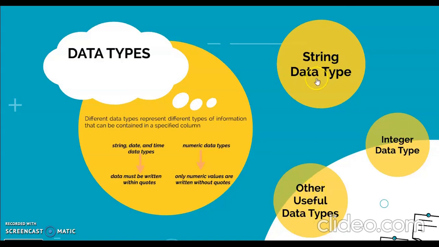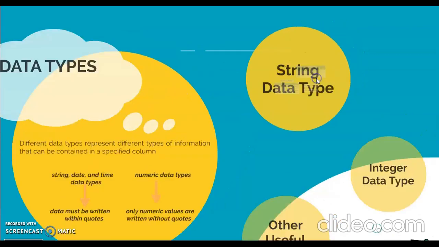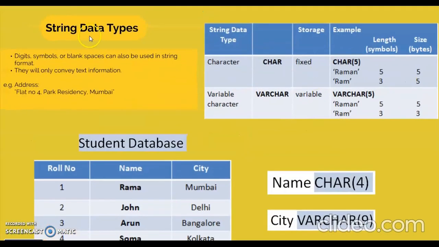So we have string data types. Those are character and varchar. A string data type consists of alphabets, and we can also make use of digits, symbols, or blank spaces. This will only convey text information.